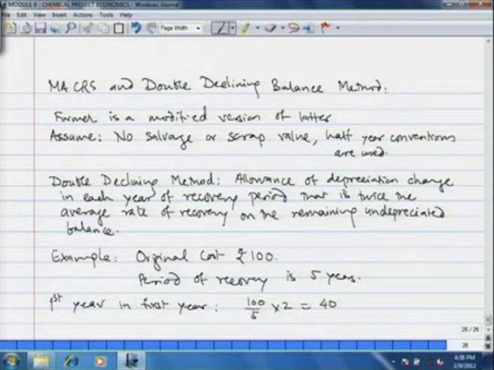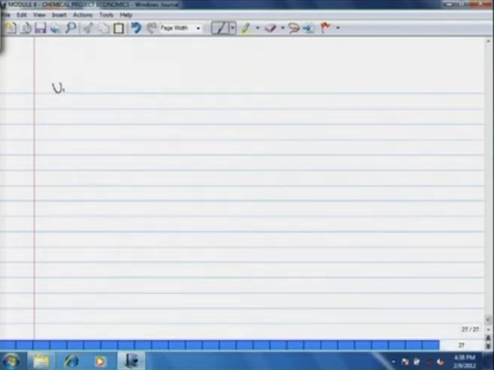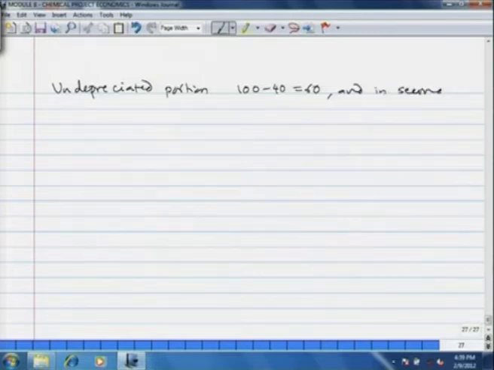Now the undepreciated portion is 60, 100 minus 40, 60, and then in the second year it is 60 divided by 5 into 2, that is 24.